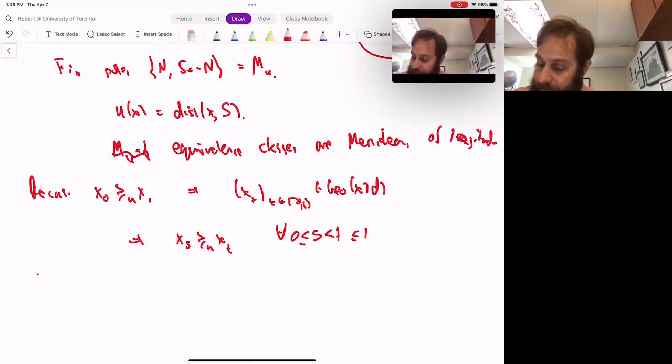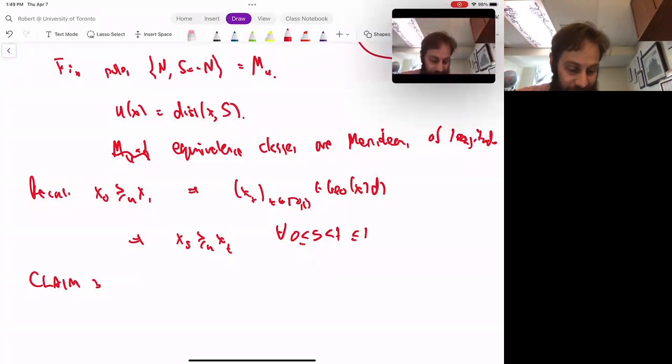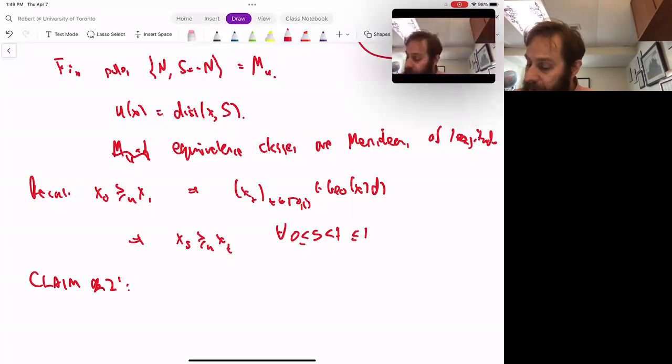And let me now place, I'll call this claim, this is a modified claim, so it doesn't really fit in the numbering scheme from last time around. So maybe I'll call it claim 2 prime. It's a kind of partial converse to this.